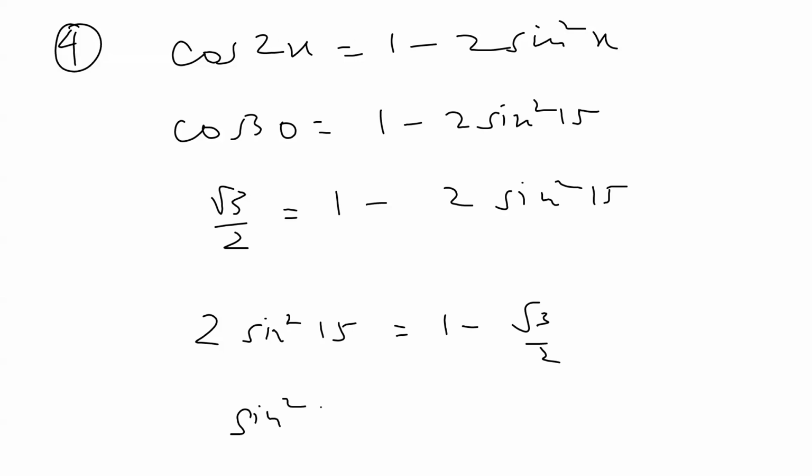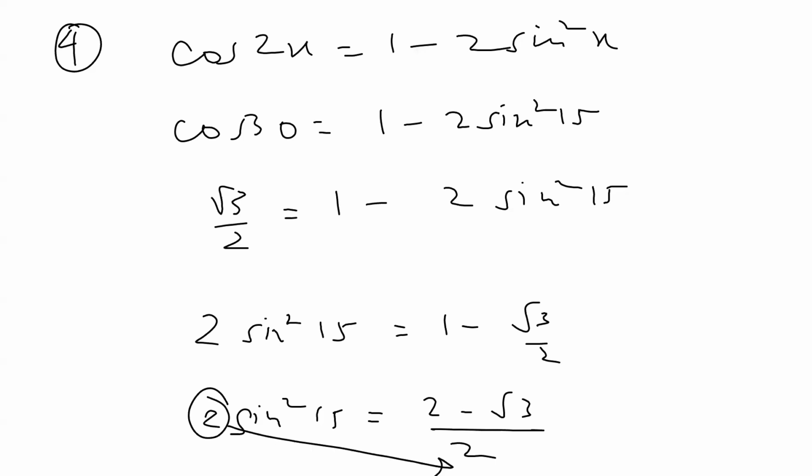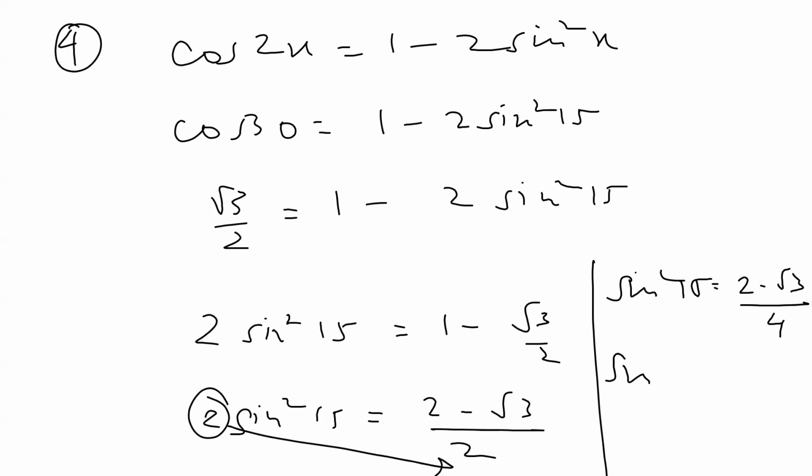So sine square 15 is 2 minus root 3 by 2, and this 2 and this 2 will get multiplied. So sine square 15 is equal to 2 minus root 3 by 4. Okay, so sine 15 will be square root of this entire term, so square root of the numerator minus square root of the denominator. Right?